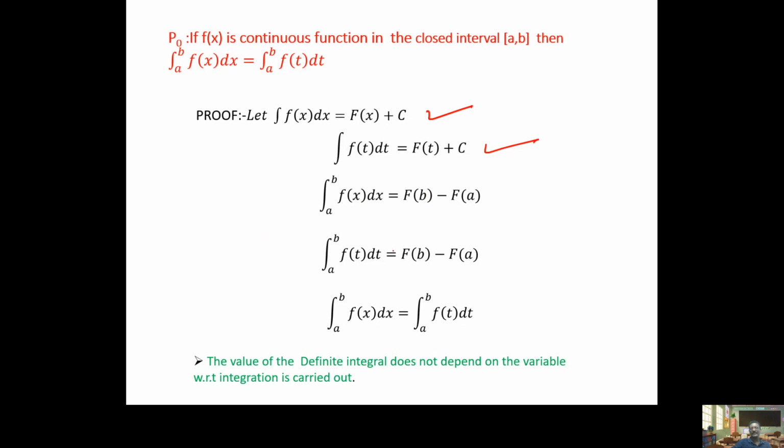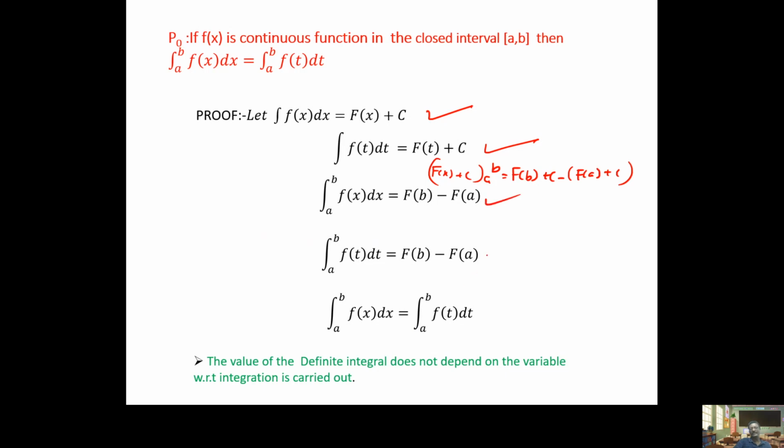What is integral f of t dt? That is also the same, because integral a to b f of x dx means F of x plus c from a to b, which is equal to F of b plus c minus F of a plus c. So plus c and minus c cancel, and you are getting F of b minus F of a.